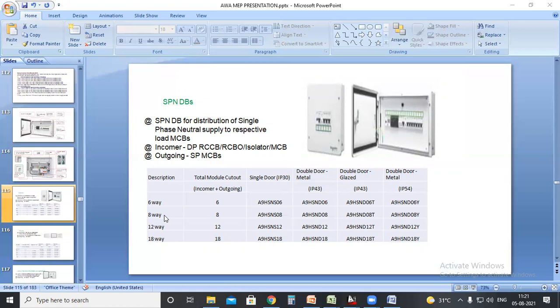In some special cases, you can take more than 12-way, as some special companies manufacture that number of ways. So 12-way is the maximum. 12-way is the maximum means how many circuits you can place in the particular distribution board. For example, I'm talking about the TPN. In SPN, 12-way means you can provide only 12 circuits. But in case of TPN, 12-way means how many circuits can you provide?